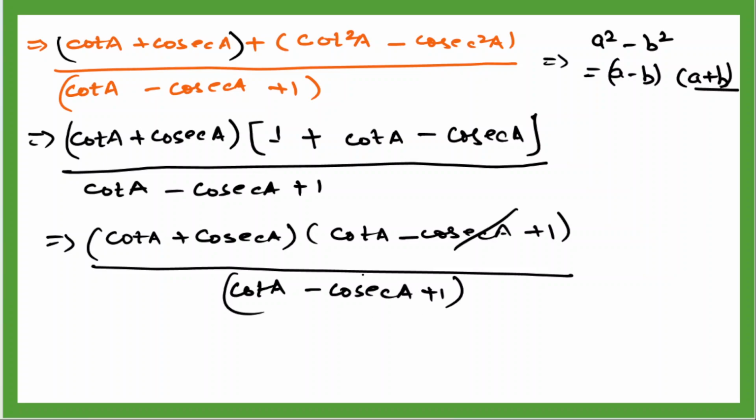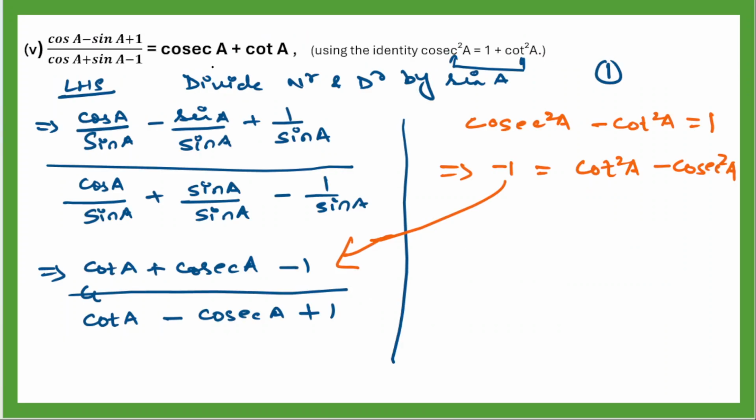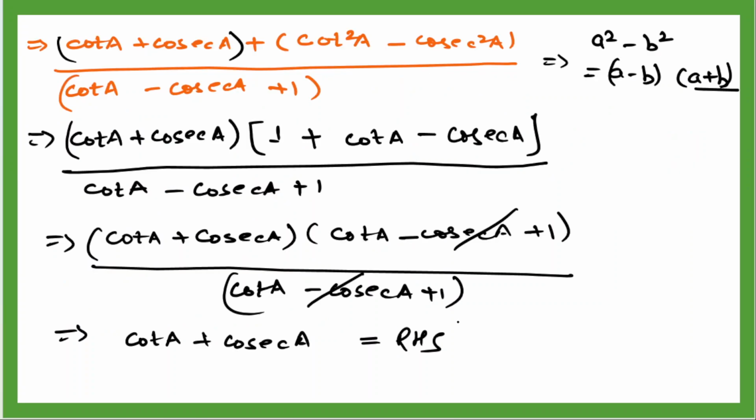So this cancels out. We are left with cot A plus cosec A, which equals the right hand side, as we are required to get cosec A plus cot A. So left hand side is equal to right hand side, hence proved.